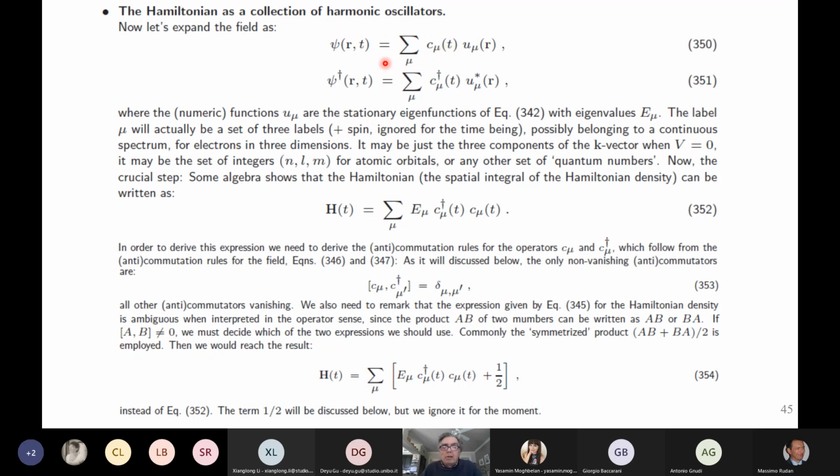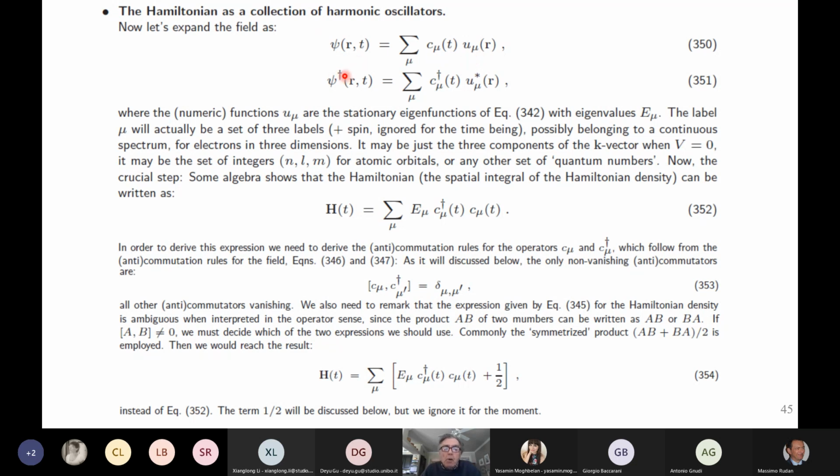Okay, now let's go back to our second quantization. These are now fields. So in principle, I should put a hat over here, and I should put a hat over these C's. These coefficients become operators over a Hilbert space. And these u's are just C functions, complex functions. They are the same eigenfunctions that I can calculate by solving my Schrödinger equation analytically, numerically, whatever I have to do.